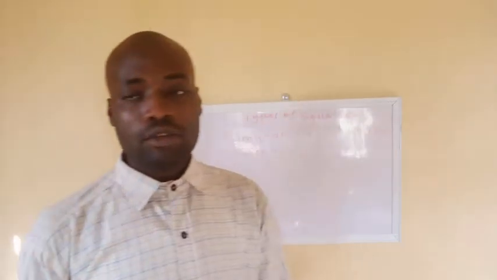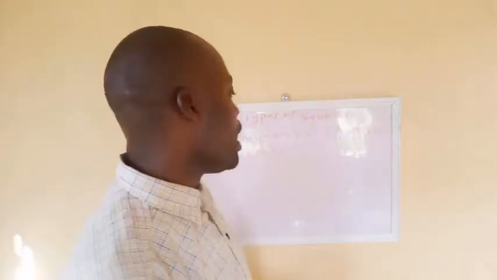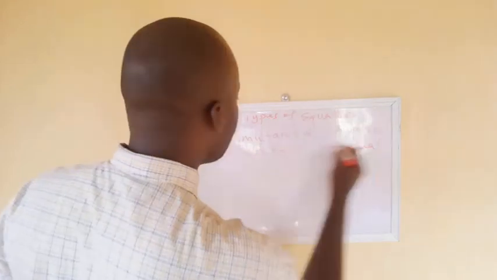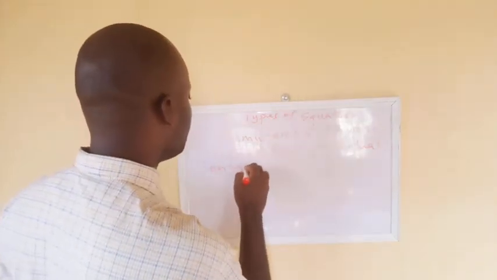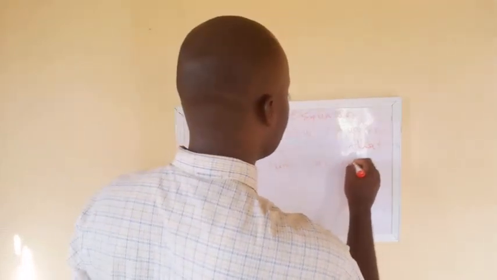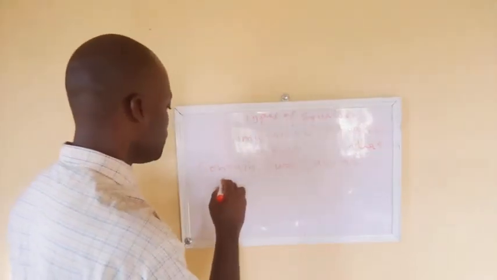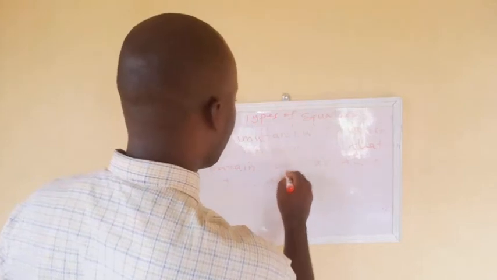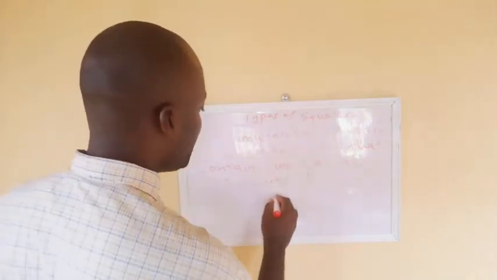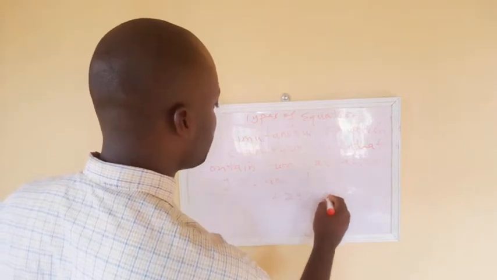So the only thing we now need to do is to look for the value of x and also look for the value of y. So simultaneous equation is an equation that contains two variables, for example x and y. So we can have it like this: x plus 2y is equal to 3.